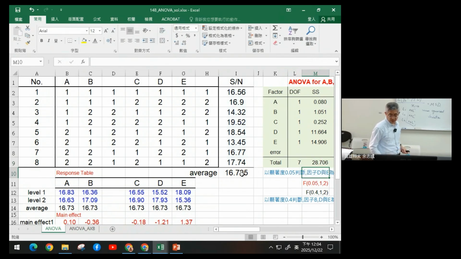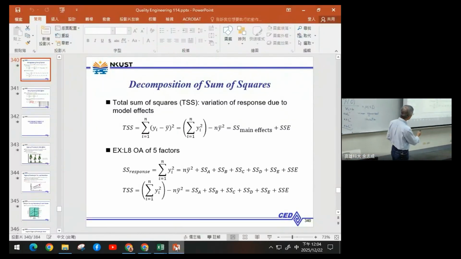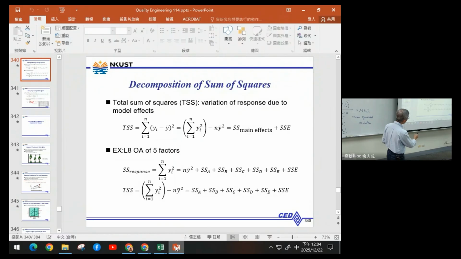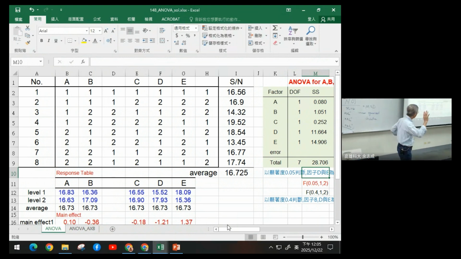Enter, and you get the result, which will be 28.708. This is this one, right? Total sum square for all the outputs minus the number of experiments multiplied by the average square. So far, so good? All right.